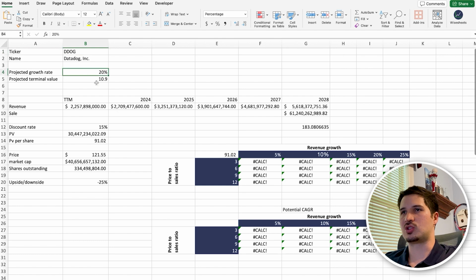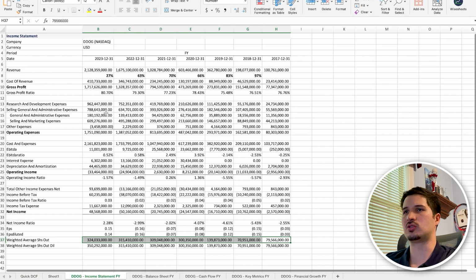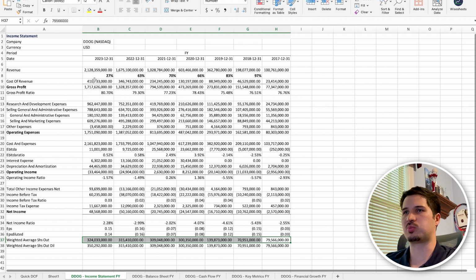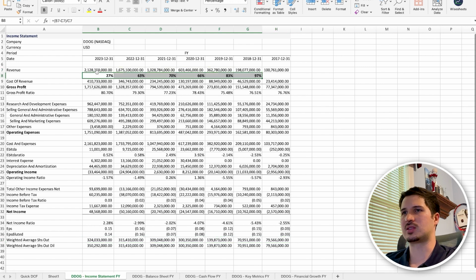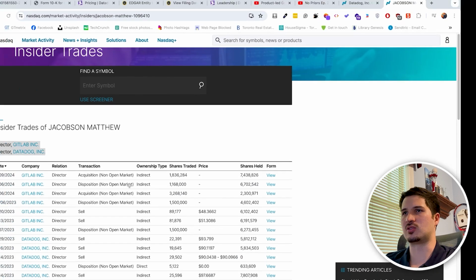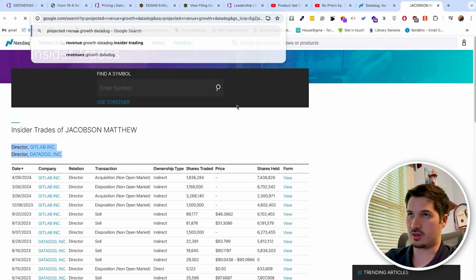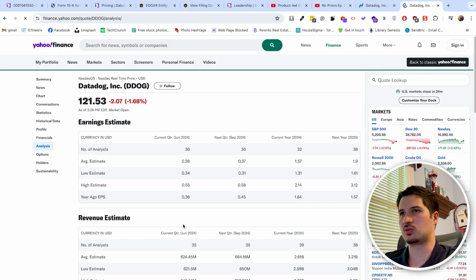So Datadog projected growth rate. This is where it gets interesting. Something that we could do is do our own research, or we can also look at analyst estimates to see how the company is projected to grow. So in this case, we have 27%. Interesting. Projected revenue growth, Datadog. Okay, so we can go here to Yahoo Finance.